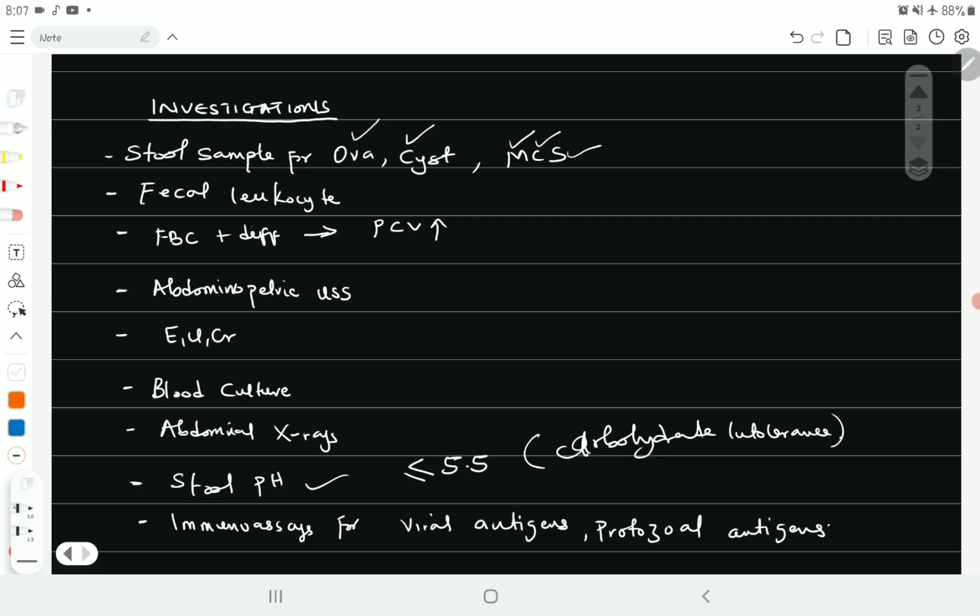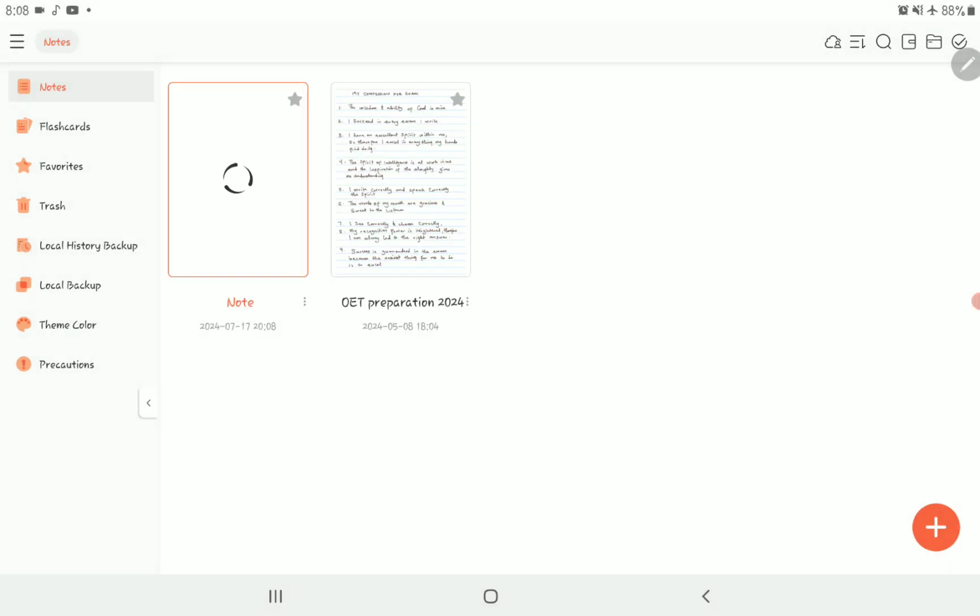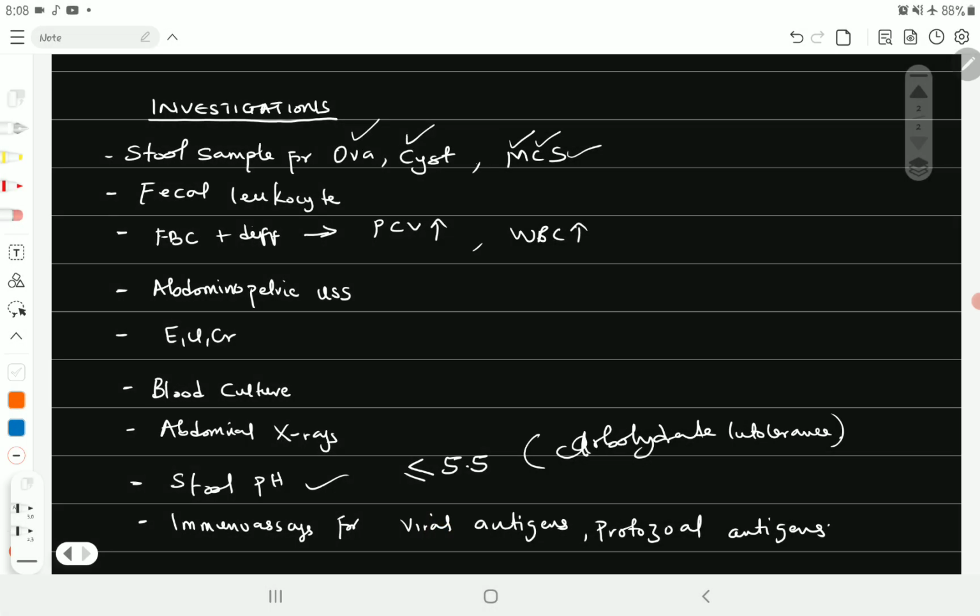Now, if this is a case of an infective process, WBCs will be up, neutrophils will be up too. Then other investigations are abdominal pelvic ultrasound scan, electrolyte, urea and creatinine, because you need to assess the electrolytes.